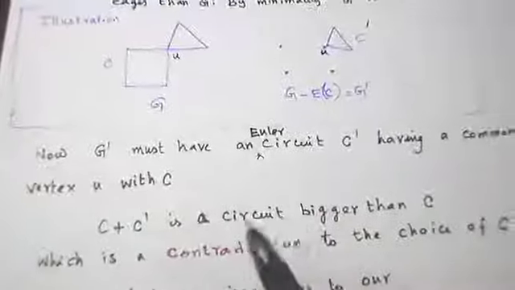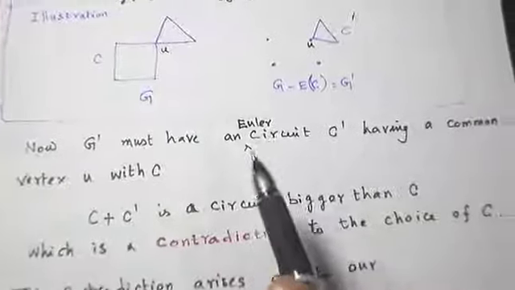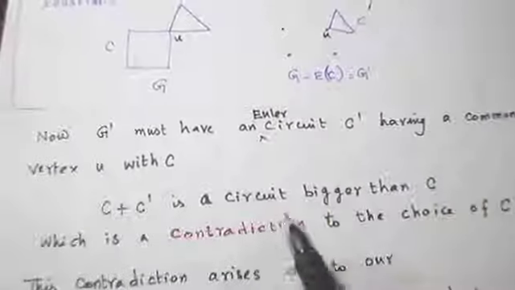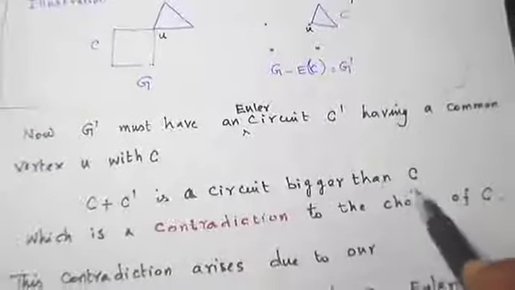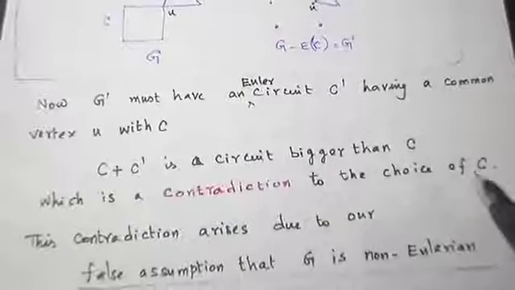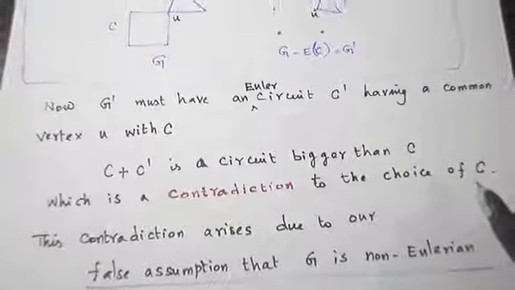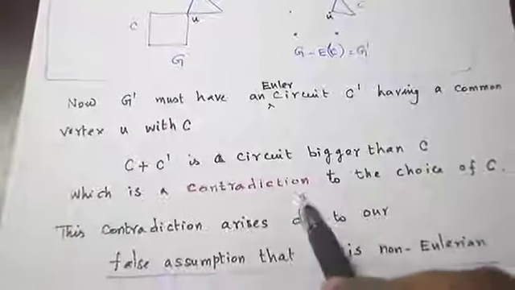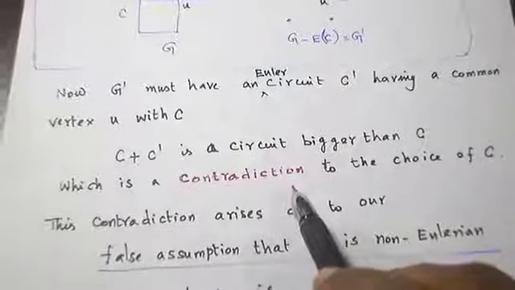Since G is originally connected, we concatenate these two circuits C plus C dash, and we will get a circuit that is bigger than C, which is a contradiction to the choice of C. We have chosen C as the largest circuit in the graph. So this is a contradiction.